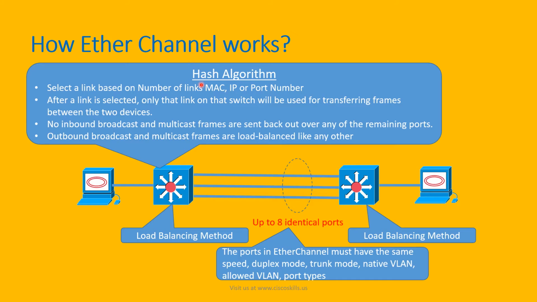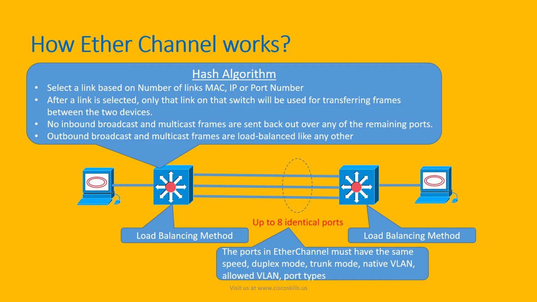The hash algorithm will be used to select a link based on the number of links, the MAC address, the IP address, or the port numbers of the packet to select a link in an EtherChannel to forward the packet.